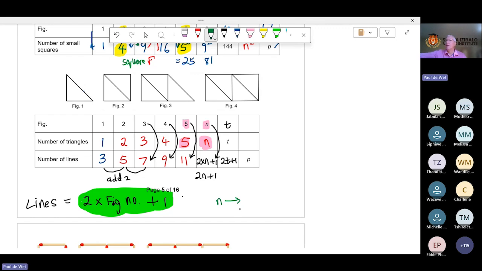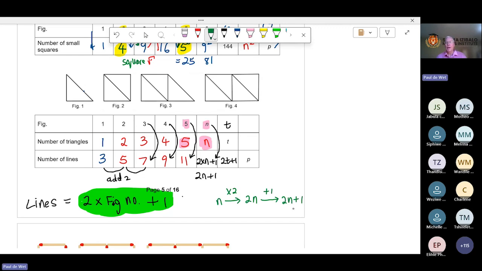Okay, we're going to have a break shortly. We're going to times by 2, and that gives us 2n. And then we're going to add 1, and that gives us 2n plus 1. That's how we get from the top row to the bottom row.